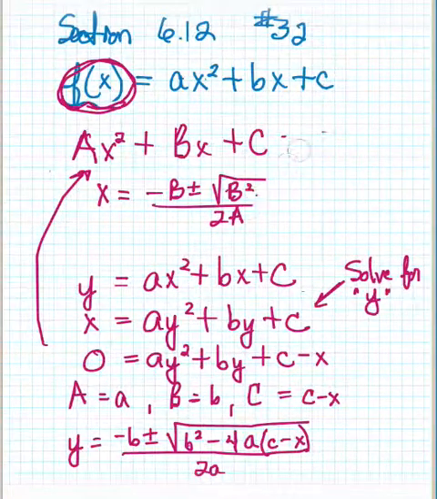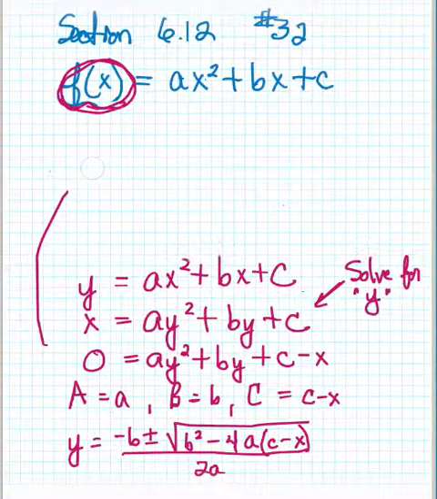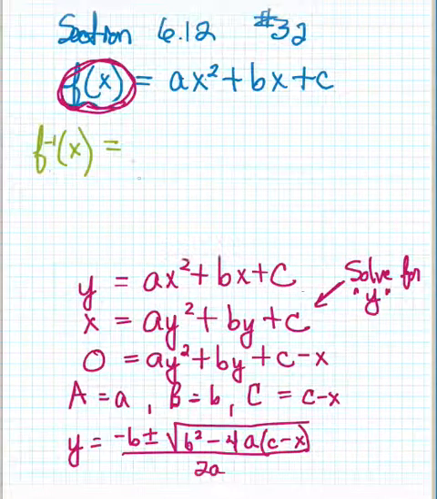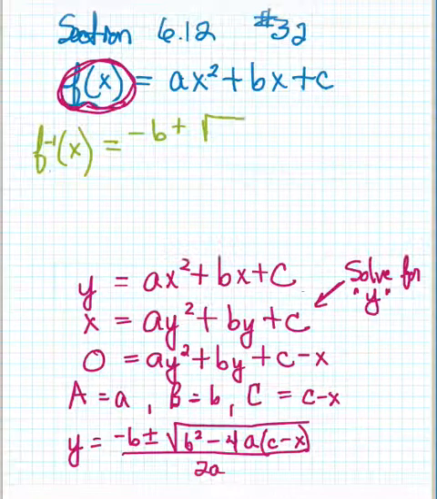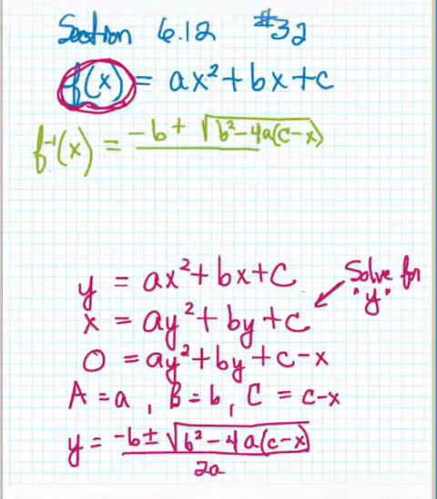Now that's really my solution. Let me erase this, because now let's look at what the two different equations would be that define the inverse functions. There's actually two of them, so keep that in mind. One of the inverse functions will be the opposite of b plus the radical of b squared minus 4a times c minus x, over 2a.